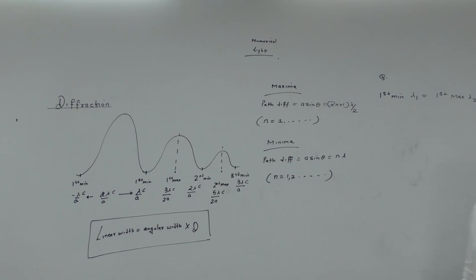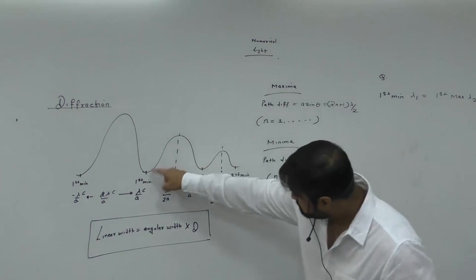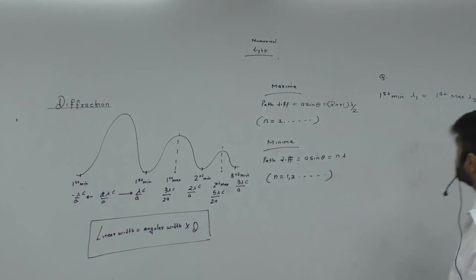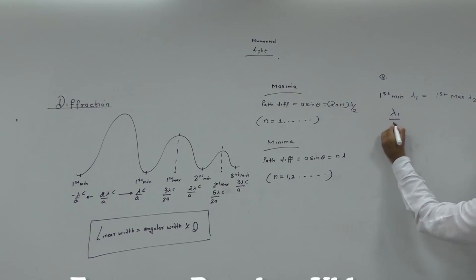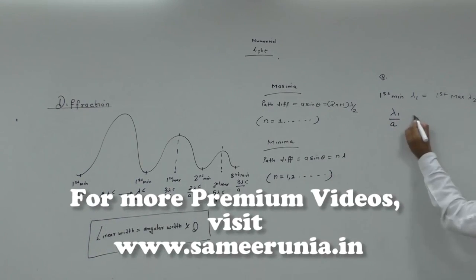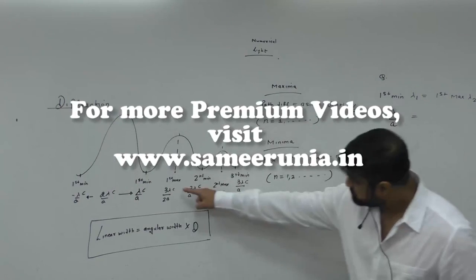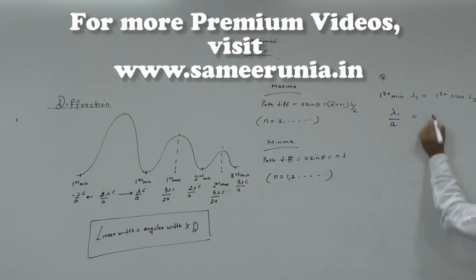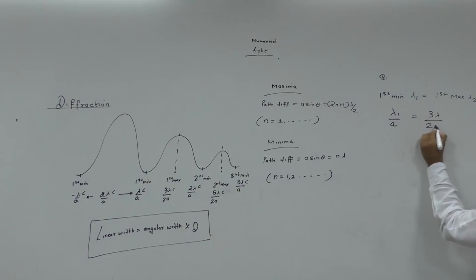What is the position of the first minima? It is lambda by a. So can I say lambda 1 by a? What is the position of the first maxima? 3 lambda by 2a. But this is for the second one. a is constant.